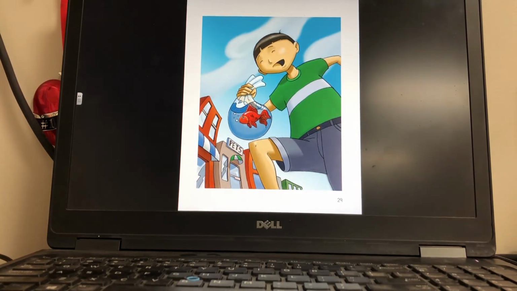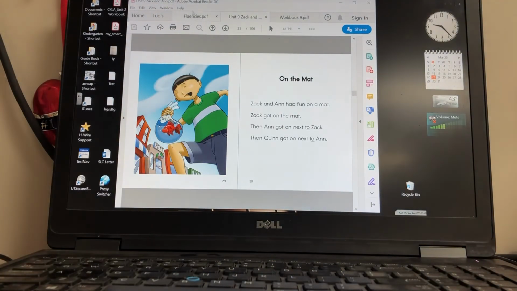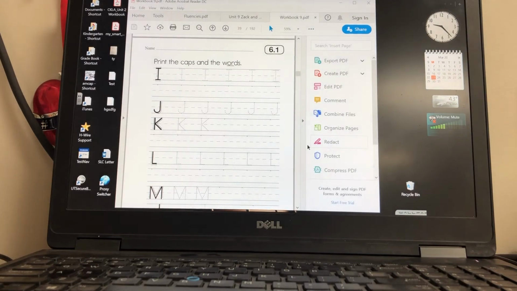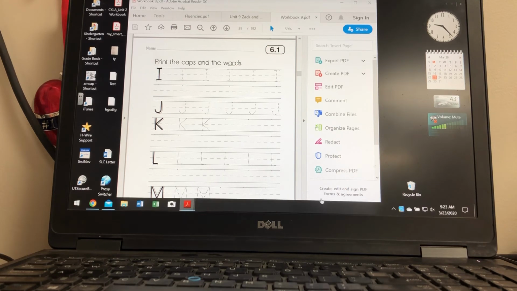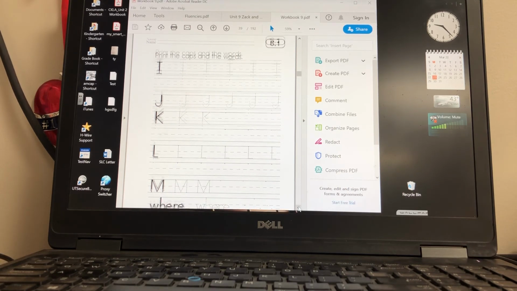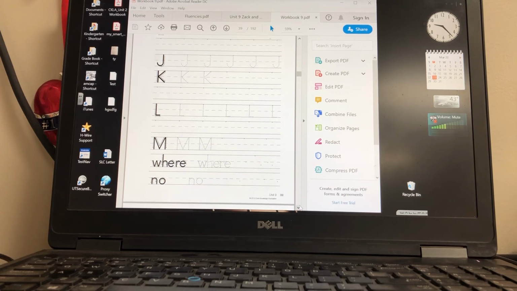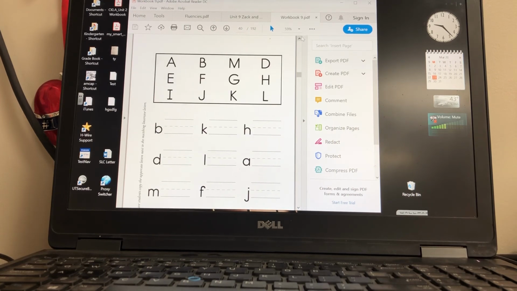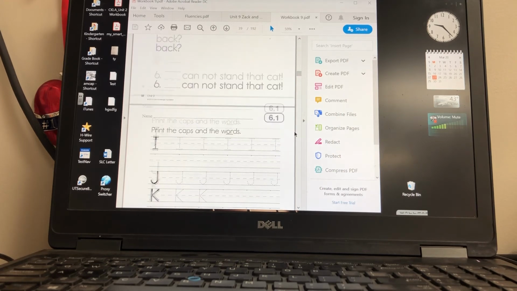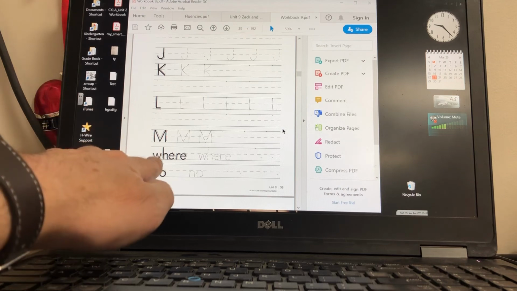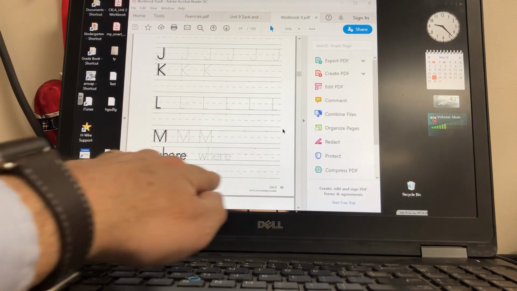All right, let's take a look at your worksheets for today. First of all, you're going to be working on 6.1. That is for you to write all of these capital letters, I through M. Okay? And then we have the two side words, where and no. You write those here.